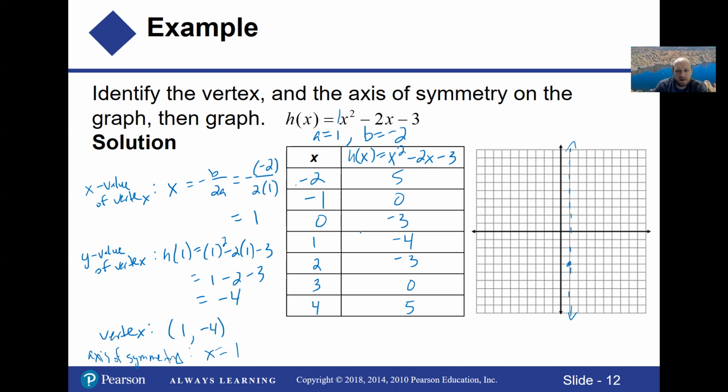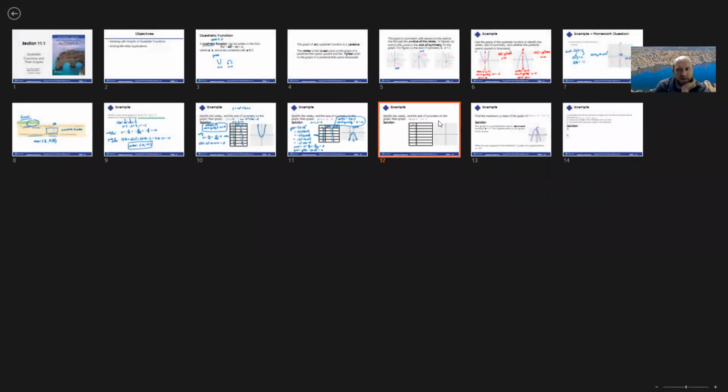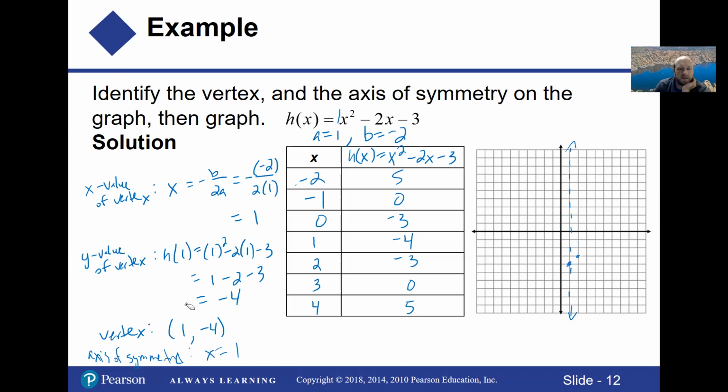So do your 0 and 2, those are both 1 away, and I get (0, -3). Sorry, I just did that wrong. (0, -3) right there. (1, -3) right there.